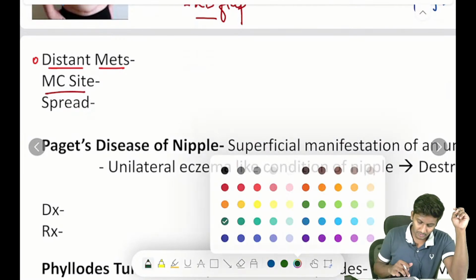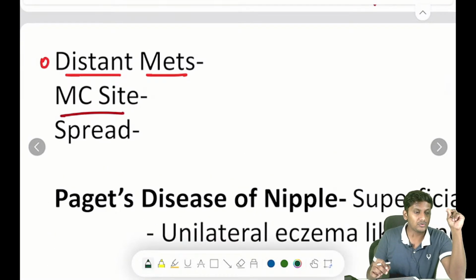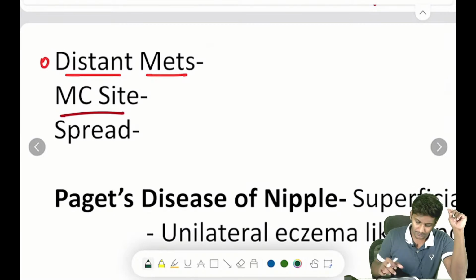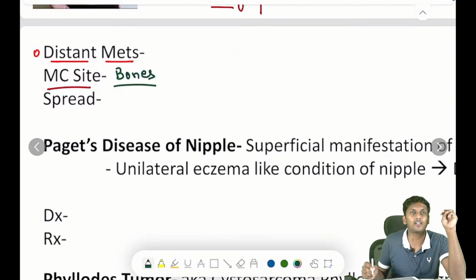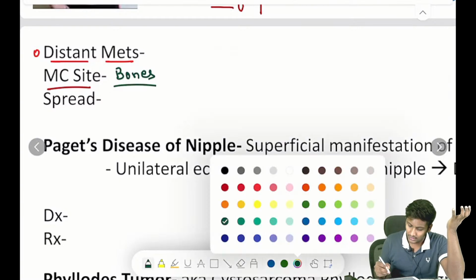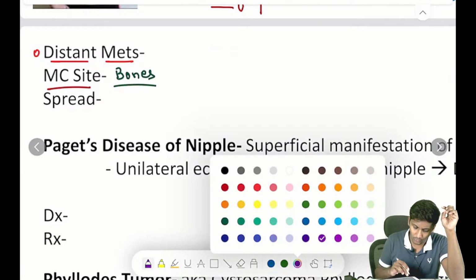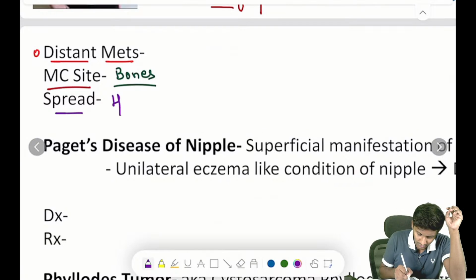Next important is you have to remember the most common site for distant metastasis will be the bones. In a breast cancer, the most common site of distant metastasis are the bones. And how does the cancer spread to the bones? Breast cancer spreads to the bones via the hematogenous route, via the blood route.